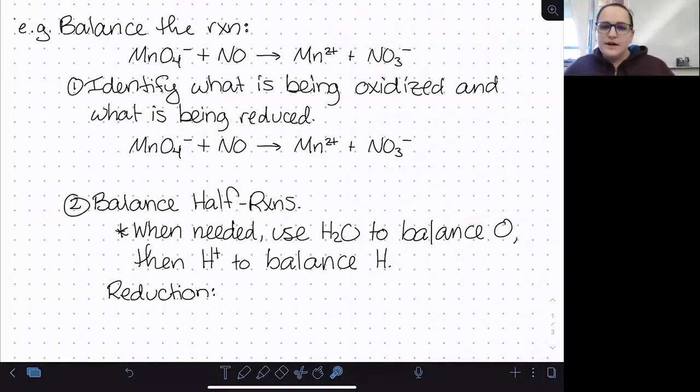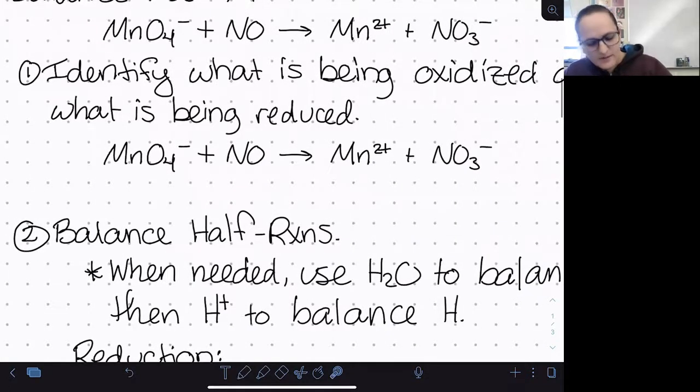So if we go through and assign our oxidation numbers here, in our first compound, we have a -1 charge overall that we're going to want to keep in mind. Oxygen generally prefers an oxidation number of -2, and manganese doesn't have a preference, so oxygen can get its way. And there are 4 oxygen atoms in this ion.